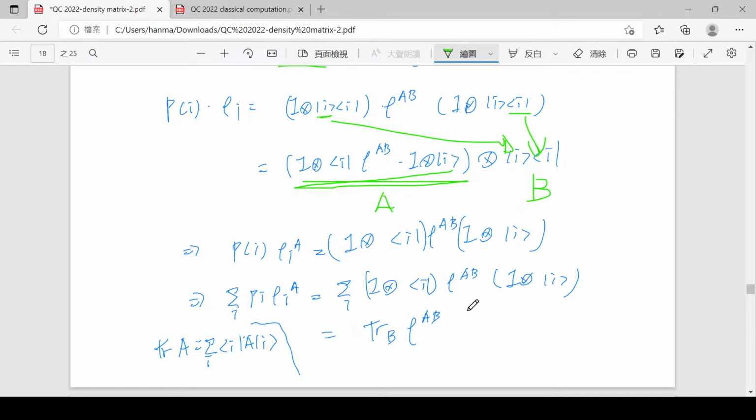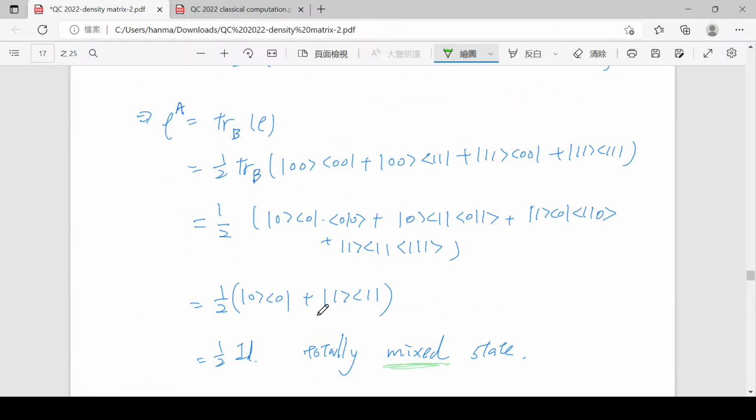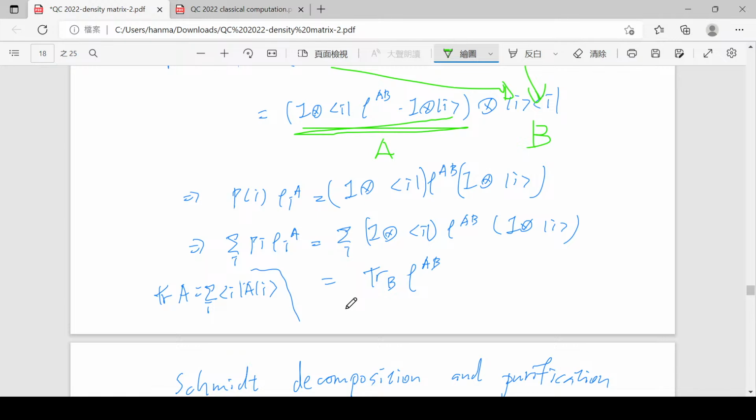And now you see that this is just the formula of doing a trace on the B part. Just do a partial trace on B. I guess we didn't prove that this is equivalent to partial trace, but that's also true. Okay. So any question about this a bit sketchy derivation?